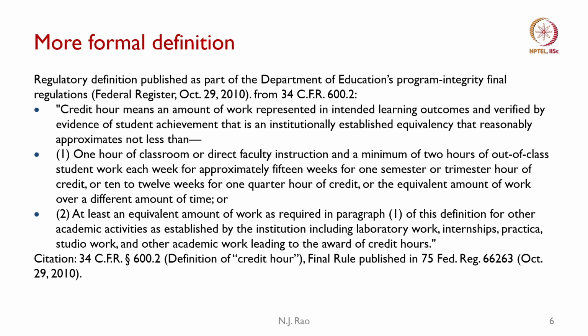The credit hour means an amount of work represented in intended learning outcomes and verified by evidence of student achievement that is an institutionally established equivalency that reasonably approximates not less than 1 hour of classroom or direct faculty instruction and a minimum of 2 hours of out-of-class student work each week for approximately 15 weeks for one semester. If it is a trimester kind of thing, then you talk about 10 to 12 weeks.